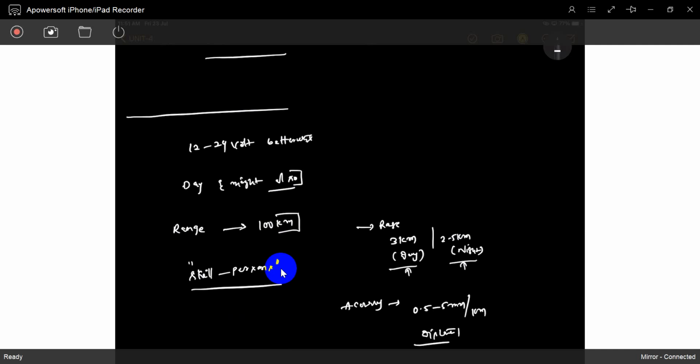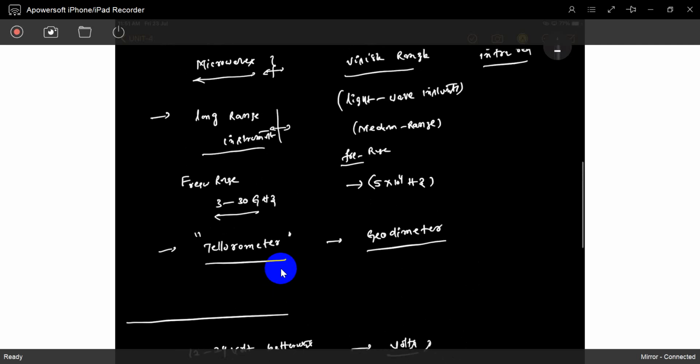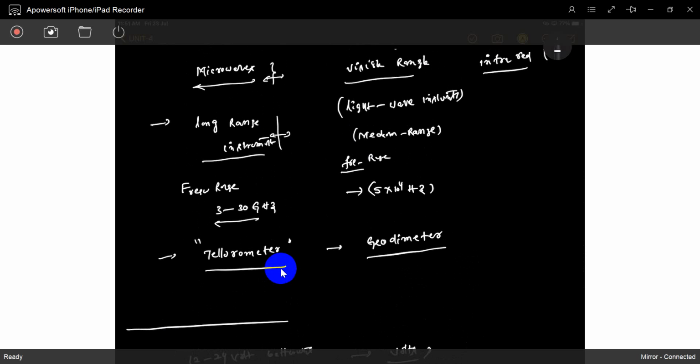That much accuracy we can get. You can use it day and night also. Batteries, I can't get that value. It requires some voltage, but I don't know exactly what that voltage is. So that's it. That is the light wave instruments or visible range, whatever you call it.